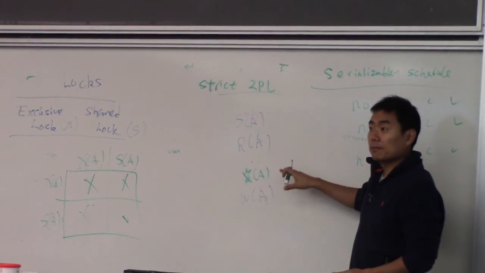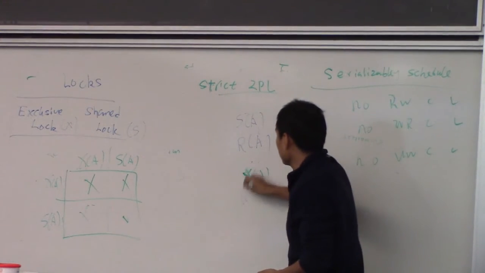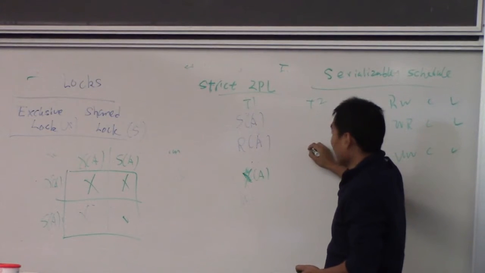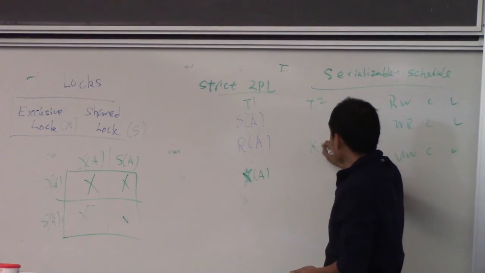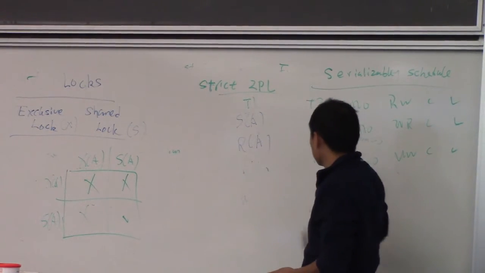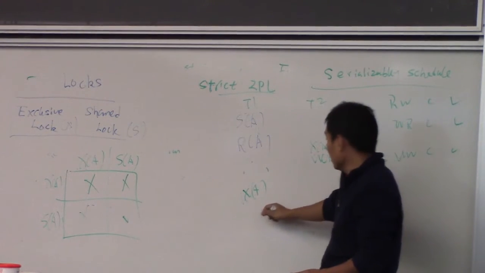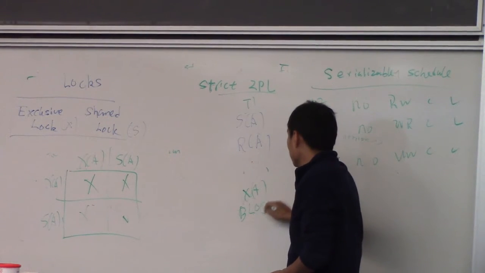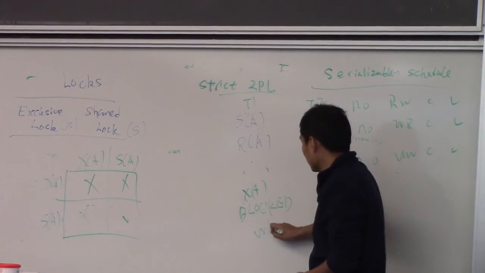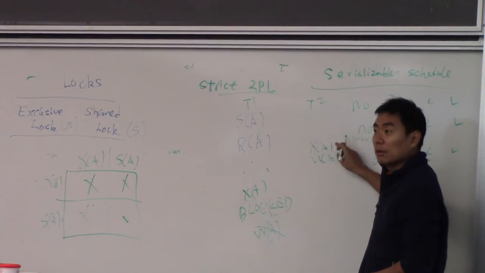You follow my argument? What if you try to obtain an exclusive lock on A? So this is T1, let's say. And T2 has, before you, obtained an exclusive lock on A and written the value of A. Now you, T1, try to obtain the exclusive lock on A. What happened to this? Well, it will be blocked. So you cannot proceed to write the value of A. It will be blocked because of this.